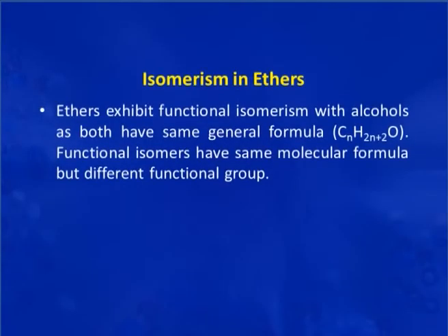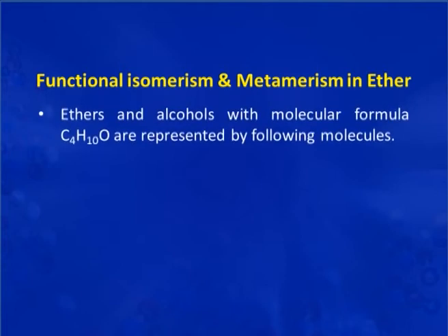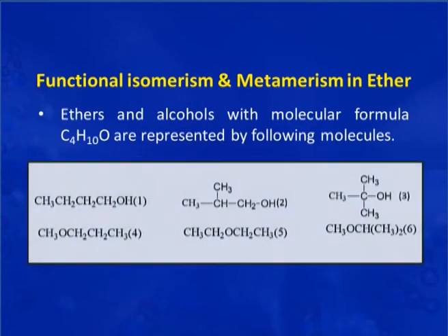Ether molecule and alcohol are represented by similar general formula CnH2n+2O, and if we write the structures for the alcohols and ethers with molecular formula C4H10O, we find that we can write three structures, that is 1, 2 and 3 for alcohols, and we can write three structures for ethers represented by formula 4, 5 and 6.